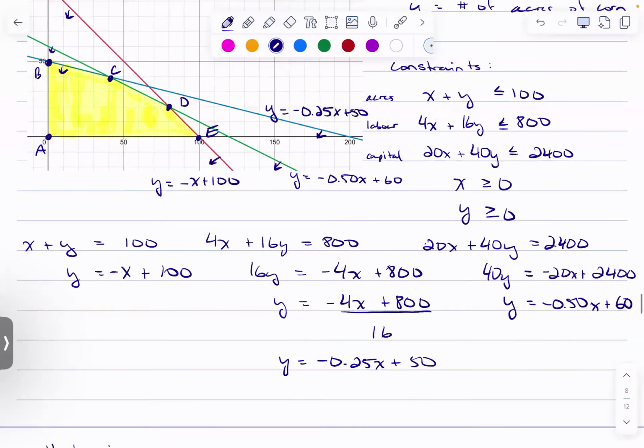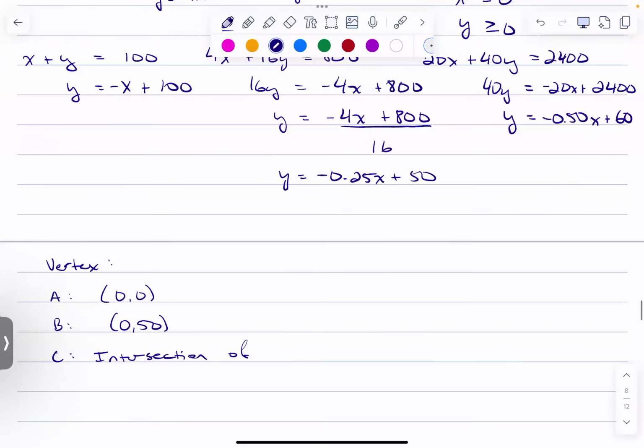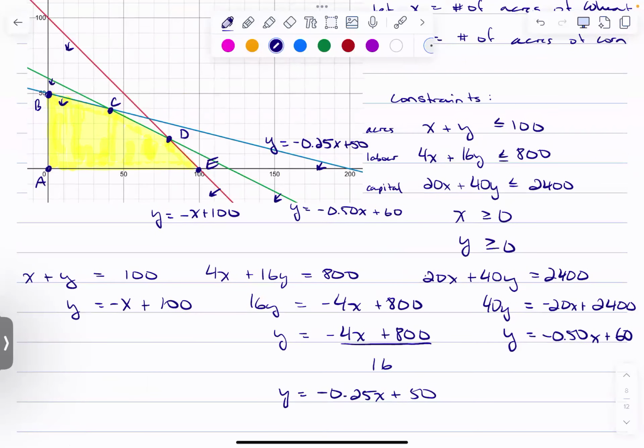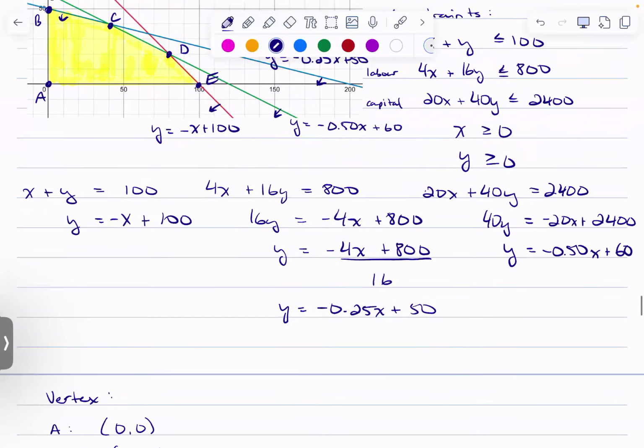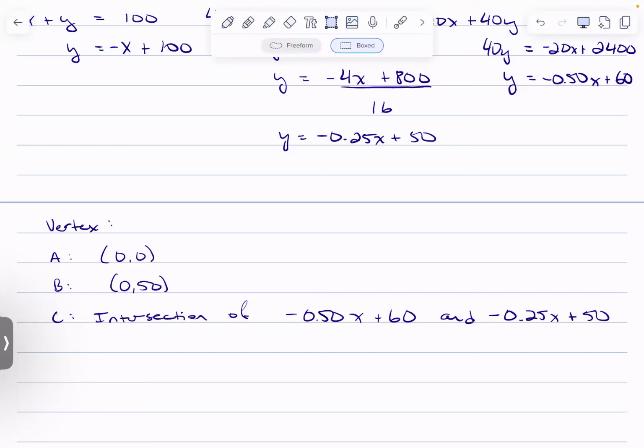B was at 0, 50. C is the intersection of the green line and the blue line, of y equals negative 0.50x plus 60 and y equals negative 0.25x plus 50. I don't know why I dropped the y.